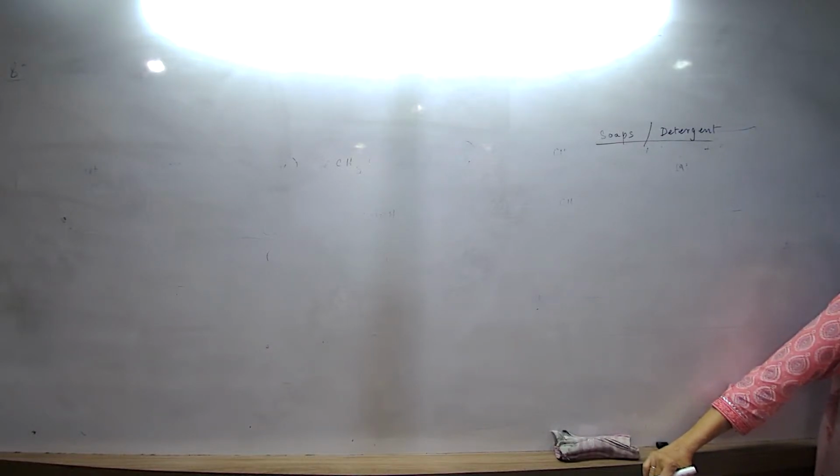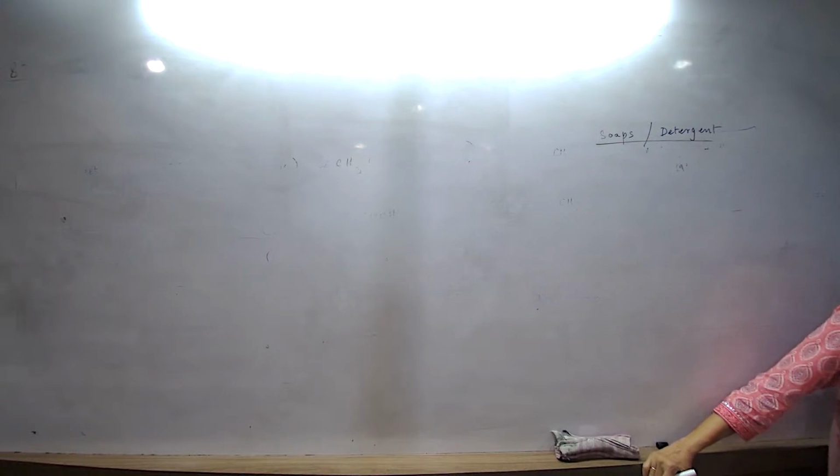So once again, we talk about soap. What did I say soap was? I give you a definition of a soap. What is a soap? A sodium or potassium salt of a long chain carboxylic acid. So that's exactly what we have to talk about.